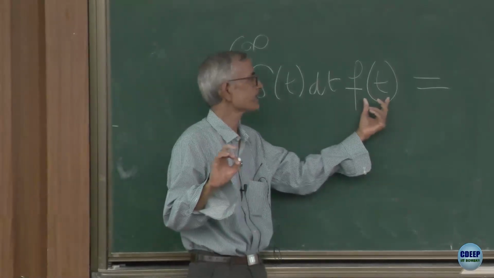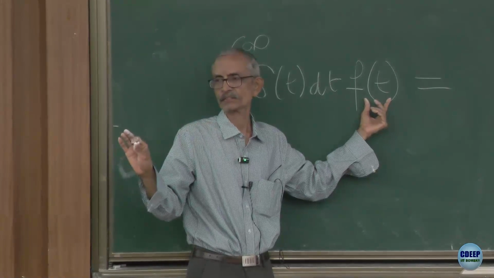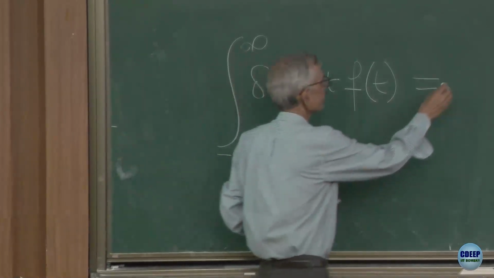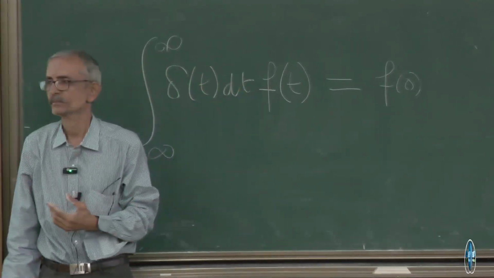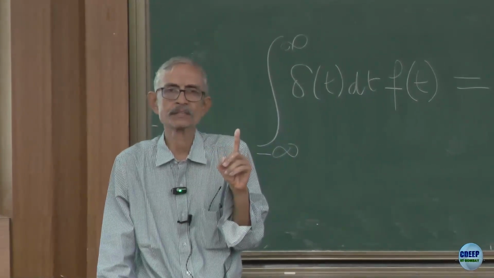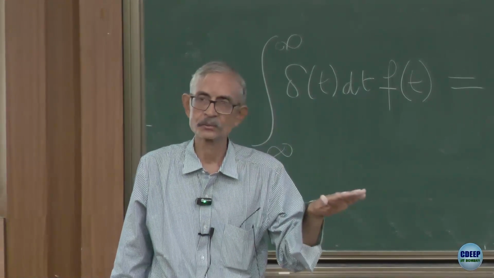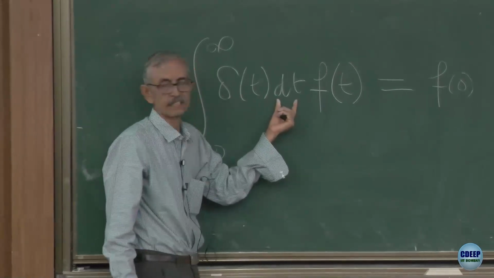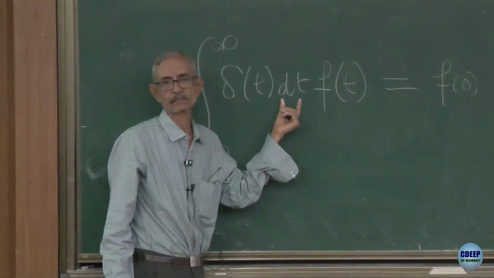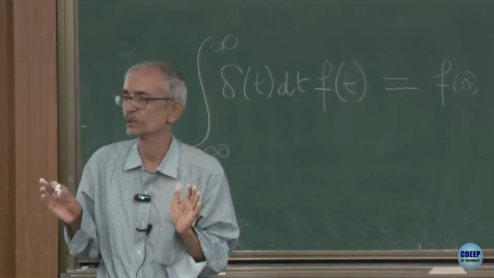So, which means that only F0 will survive. Nobody else is going to survive, right? So, this guy, I'm just going to write it as F of 0. Okay. Only at t equal to 0, this fellow is going to survive. At all other locations, it is not going to survive. And delta dt integral is equal to 1.